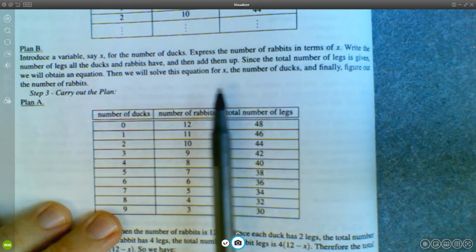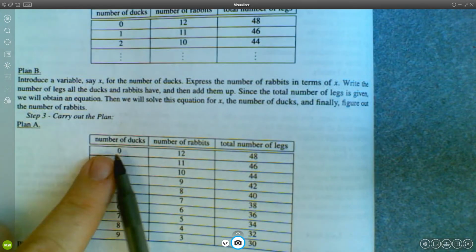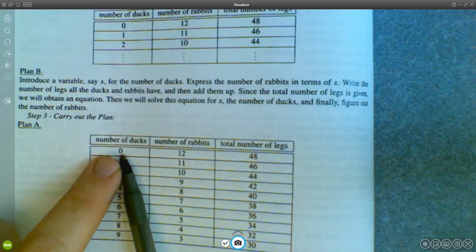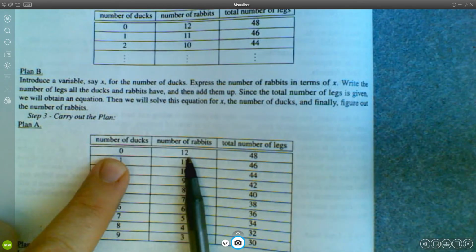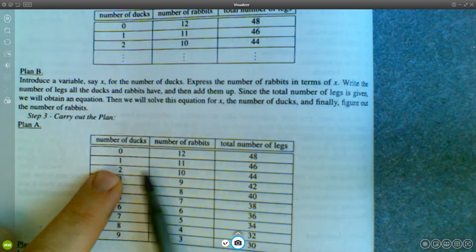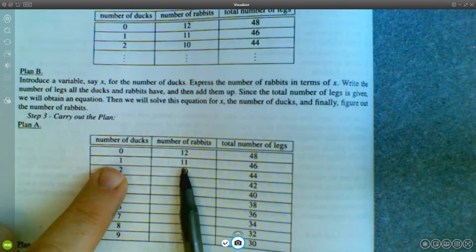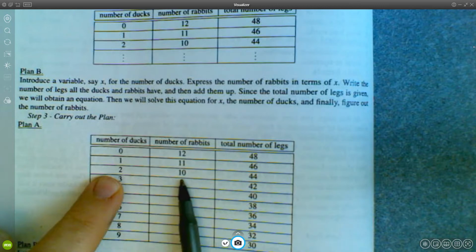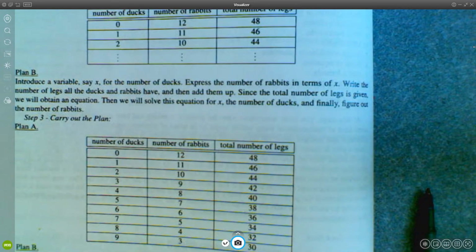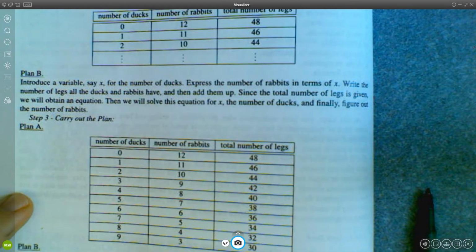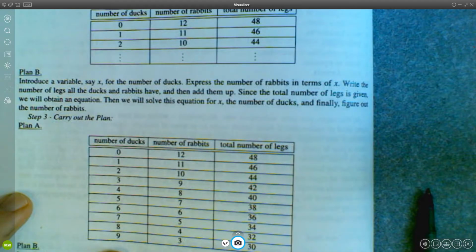So if you're making your table, you could say, let's say that I have 0 ducks. Then since there are 12 heads, I must have 12 rabbits, right? Or if I have 1 duck, then there must be 11 rabbits. And if I have 2 ducks, then there must be 10 rabbits. And more generally, if I have x number of ducks, how many rabbits would I have?